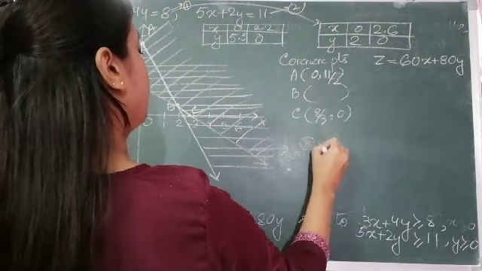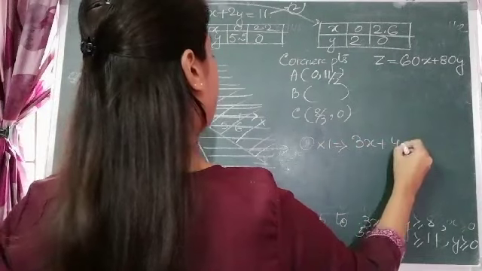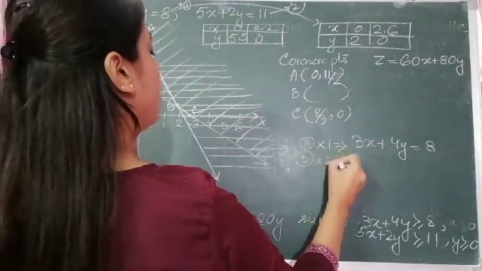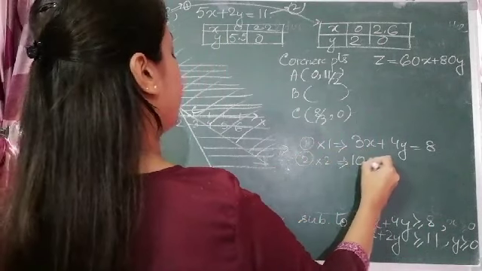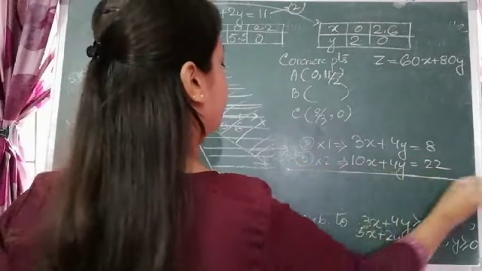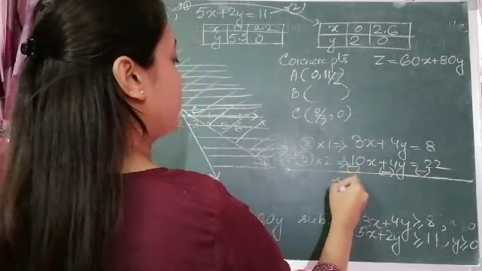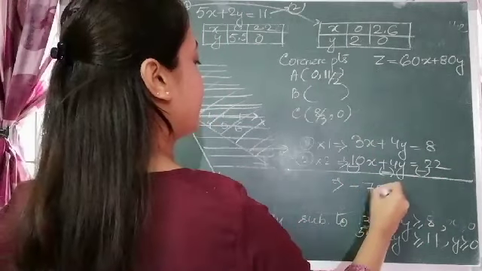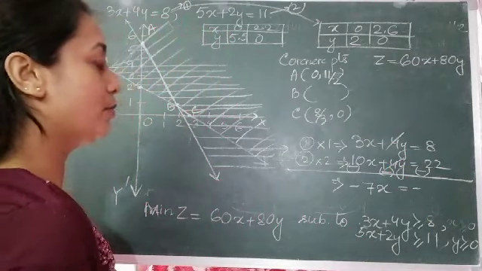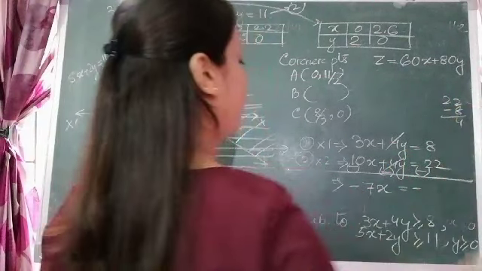So equation 1 into 1 will be 3x plus 4y equals 8, and equation 2 into 2 will be 10x plus 4y equals 22. Now subtract it. So this part will be equal to minus 7x, this will get cancelled, and this part will be equal to how much? 22 minus 8, 14.